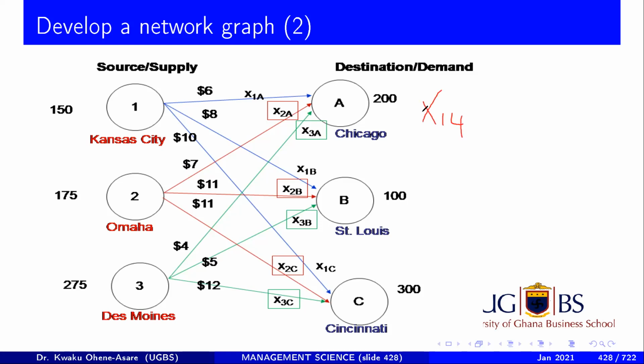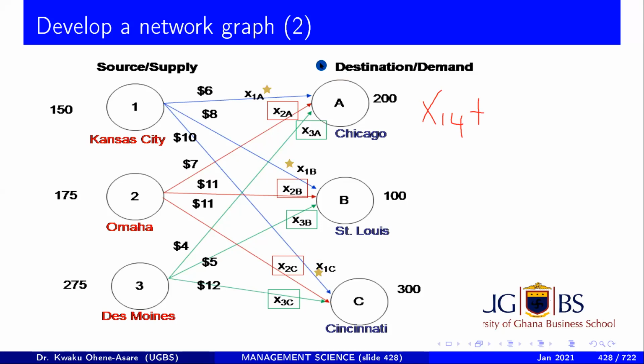X14. Remember, it's all going to be negative, so I'm going to leave it as positive. X14 plus the next arc that is leaving it. In fact, you will see them here. So this is the first one here. The next one that is leaving it is written here. So you just have to follow through.